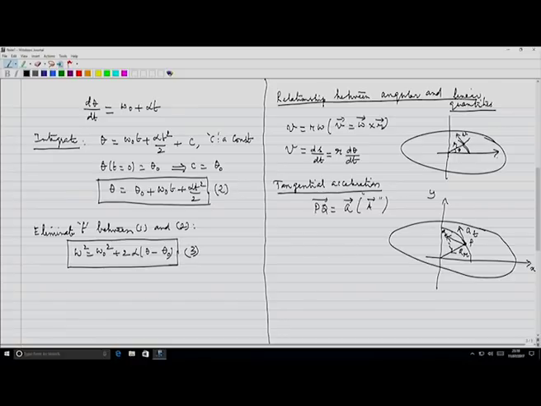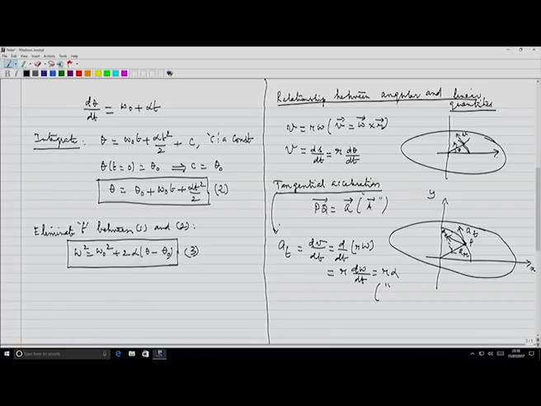The tangential acceleration is equal to dv by dt, since this is the linear velocity in this direction. This is equal to d by dt of r omega, which is r into d omega by dt, which is r alpha.